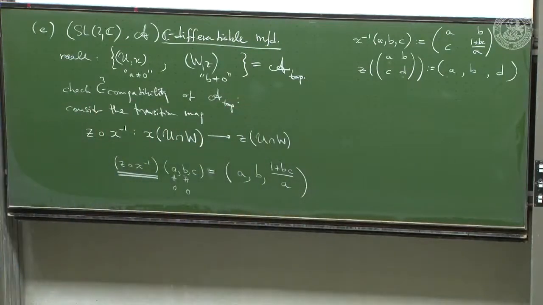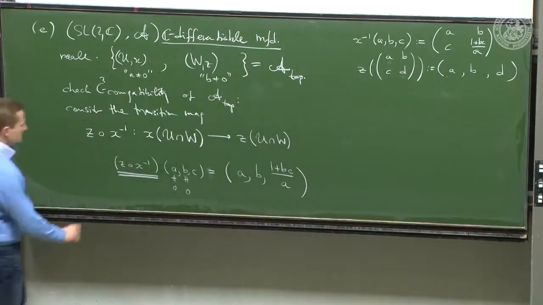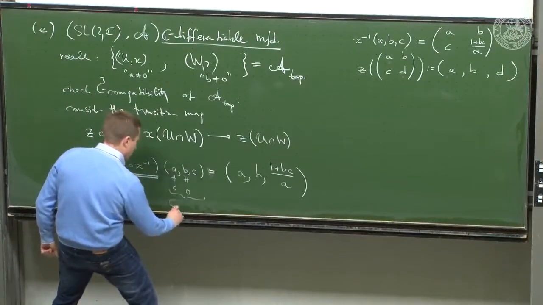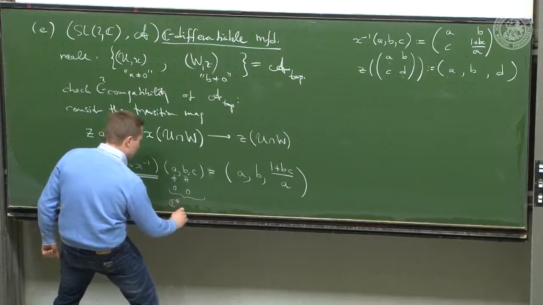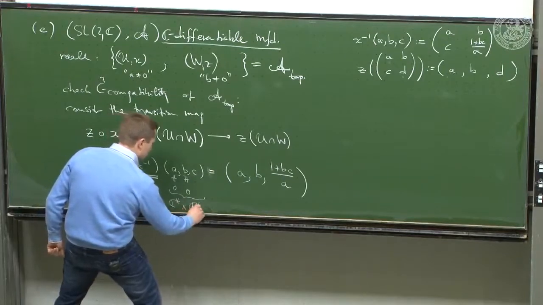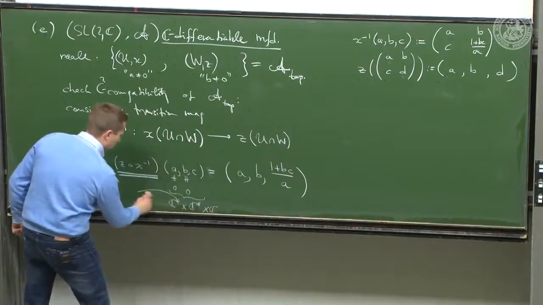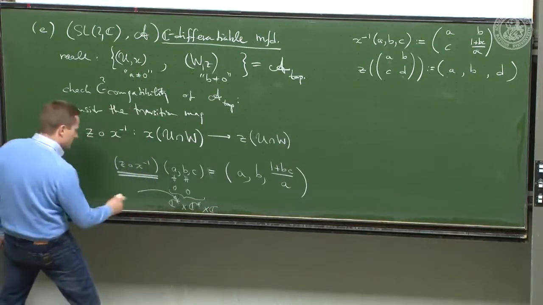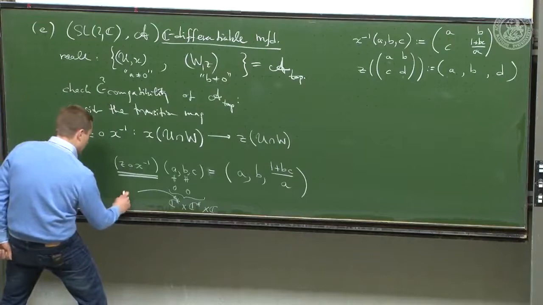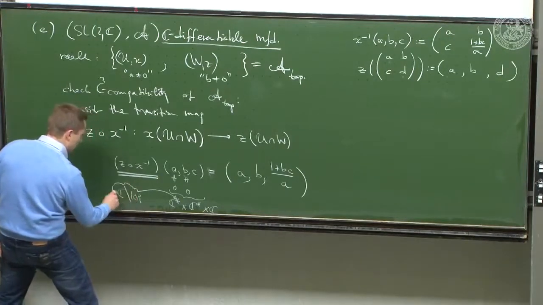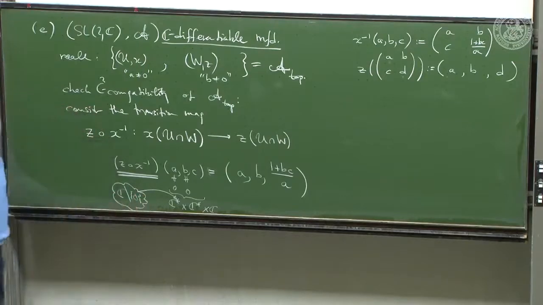Where does this come from? It comes from C star cross C star cross C, where the star is not the vector space dual; it means C without the zero element. I think we used this notation before.